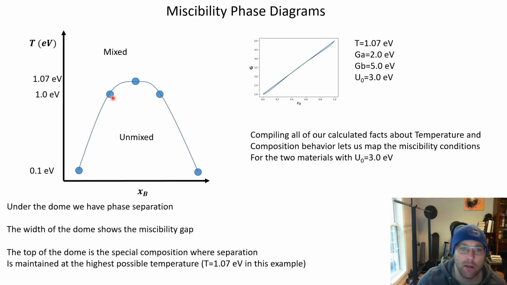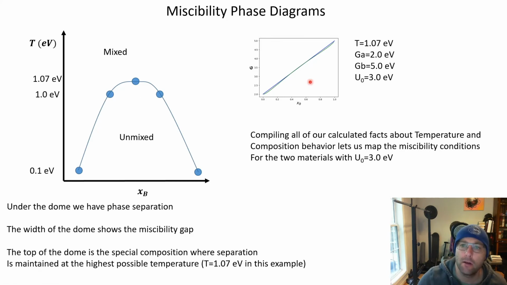So at 1 eV, this region of unmixed becomes quite a bit smaller, and so if we would go to an x sub b in this window, mixing is now favorable. Inside the dome, mixing is unfavorable.